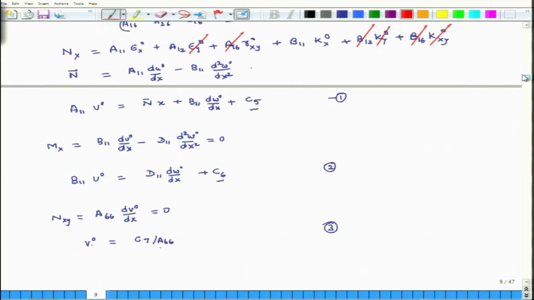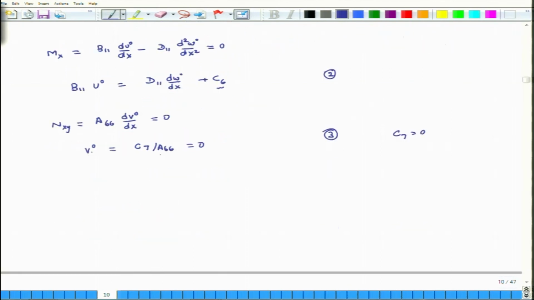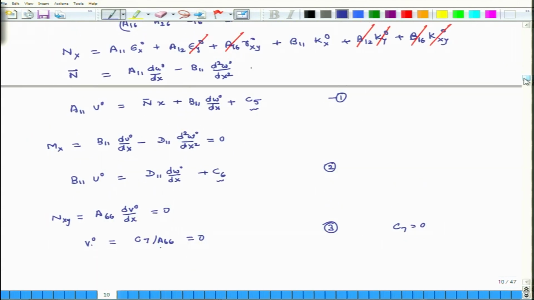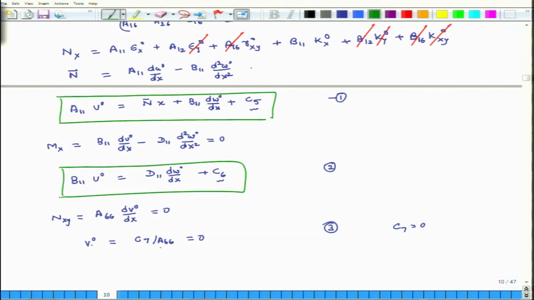So this means that C7 is 0. Now what we are left with are two important equations which are coupled equations in u and dw naught over dx.